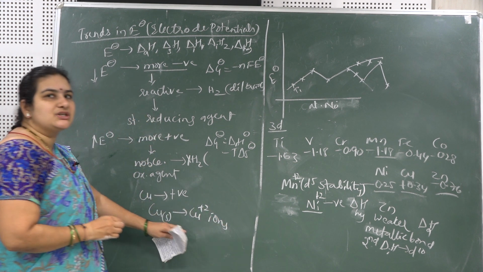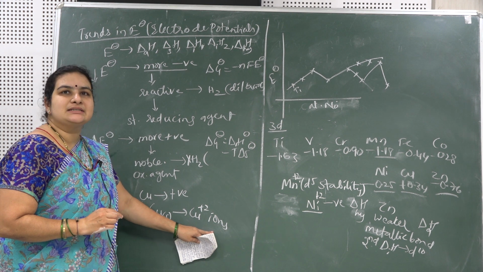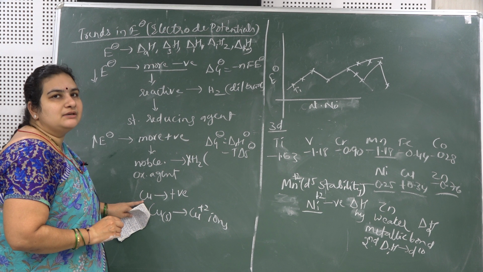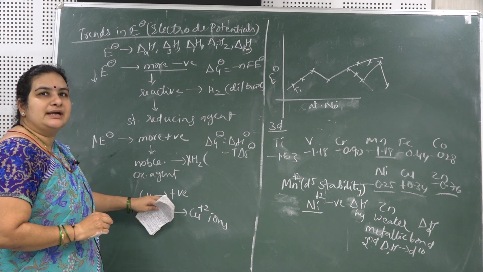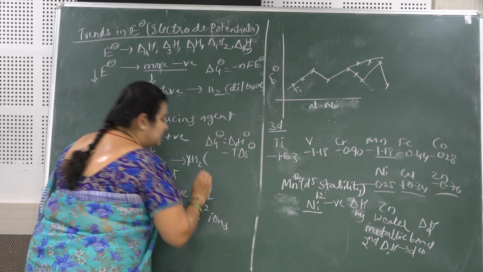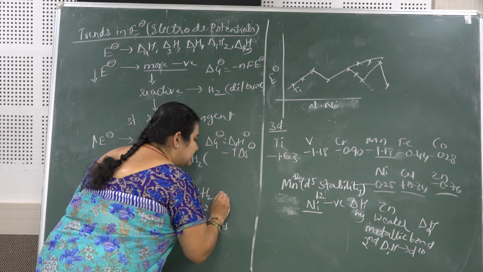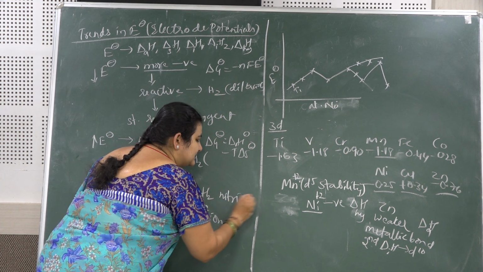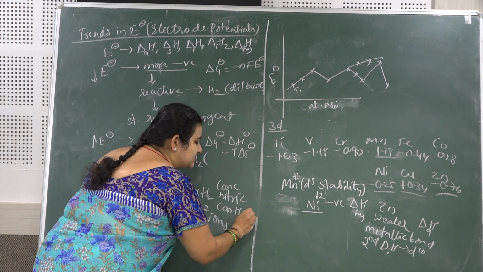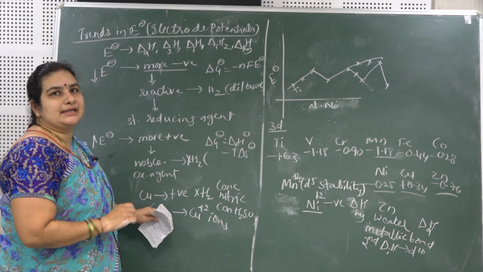That means the conversion of solid Cu to Cu2+ ions is a difficult process. Since the copper value is positive, it is unable to liberate hydrogen from dilute acids. Only in the presence of strong oxidizing agents like concentrated nitric acid and concentrated H2SO4 will the reactions of copper take place.